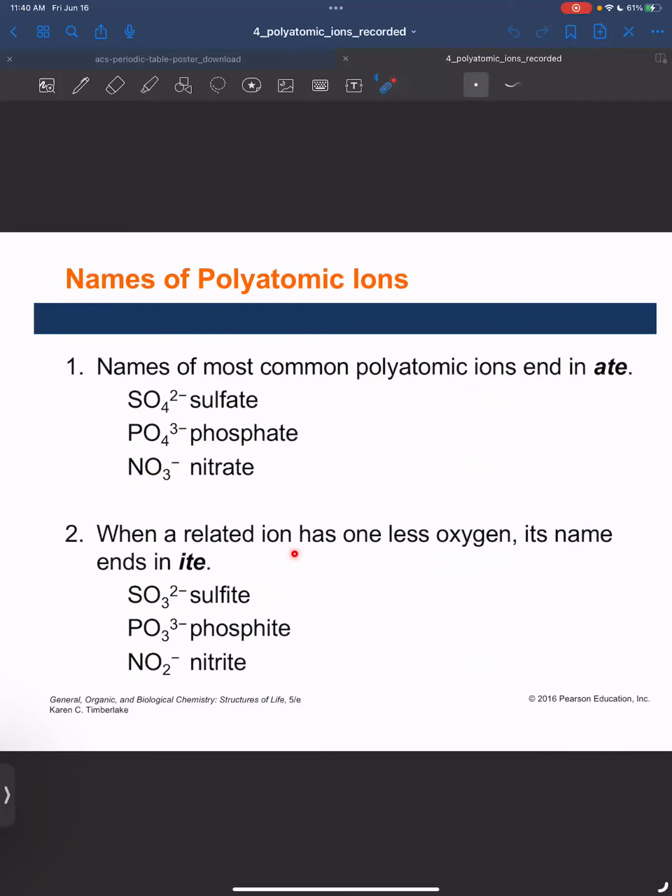When a related ion has one less oxygen, its name ends in ite. So notice how this one has one less oxygen. It's not sulfate anymore, it's sulfite. Phosphate turns into phosphite when we have one less oxygen. And nitrate turns into nitrite when we have one less oxygen.